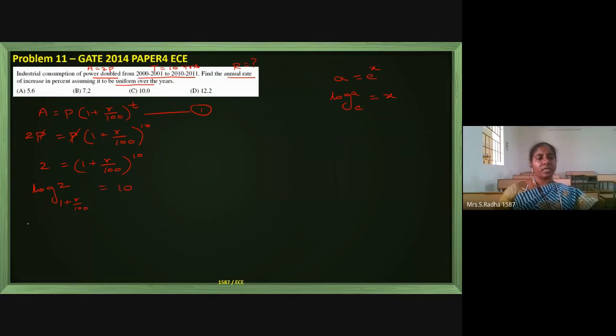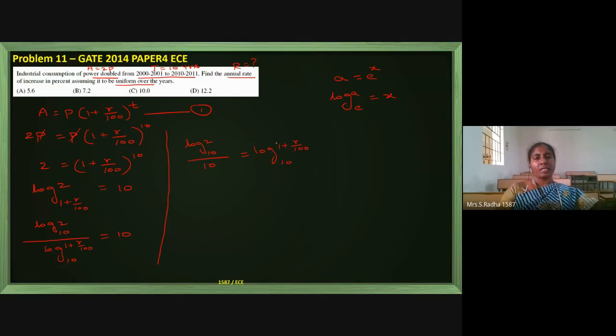So what I can further do is log 2 base 10 divided by logarithm 1 plus r by 100 base 10 equal to 10. So further, log 2 base 10 divided by log 1 plus r by 100 base 10 is 10.